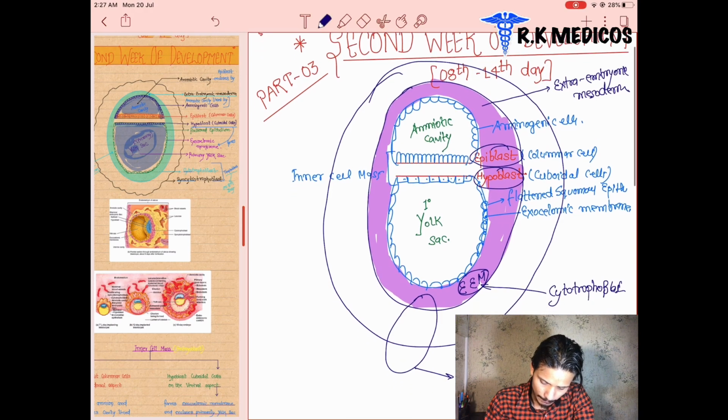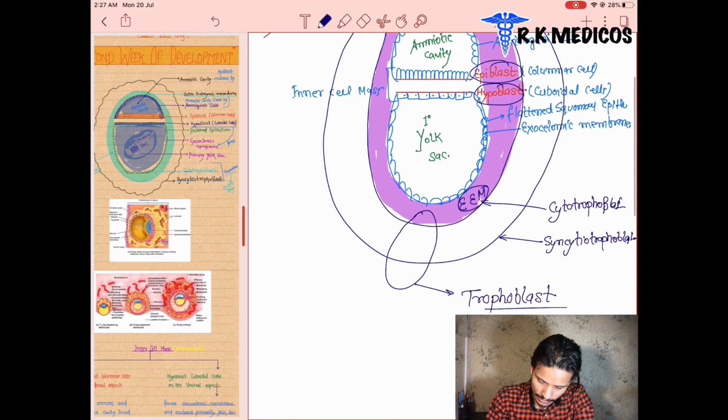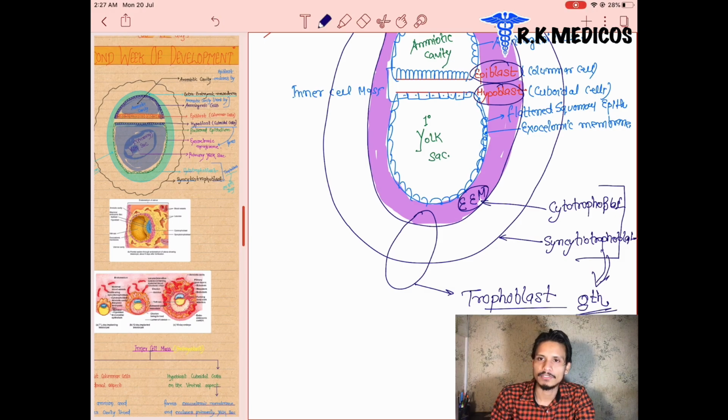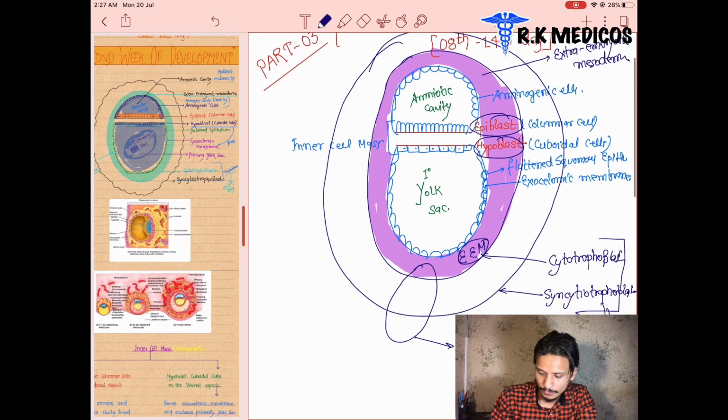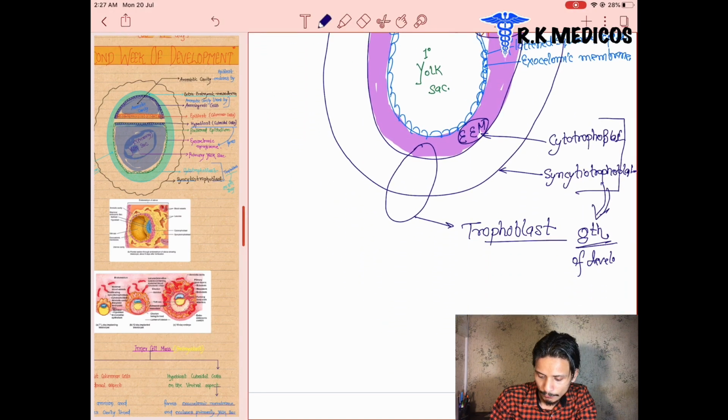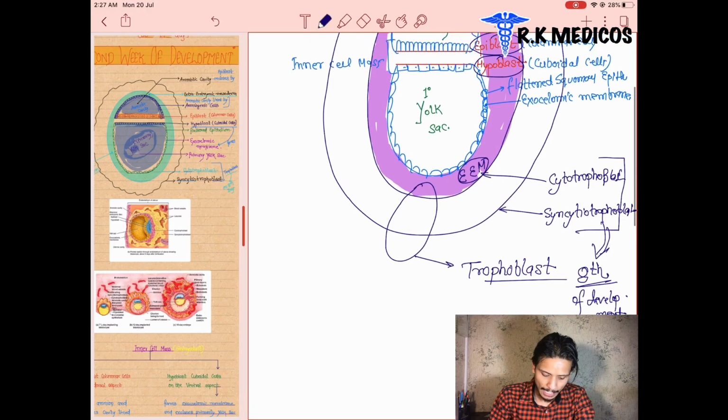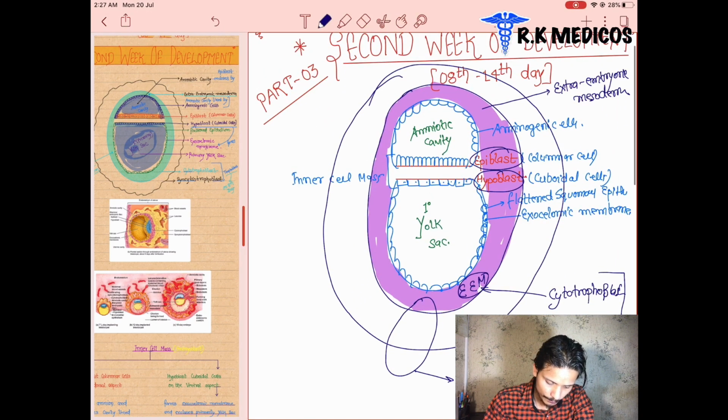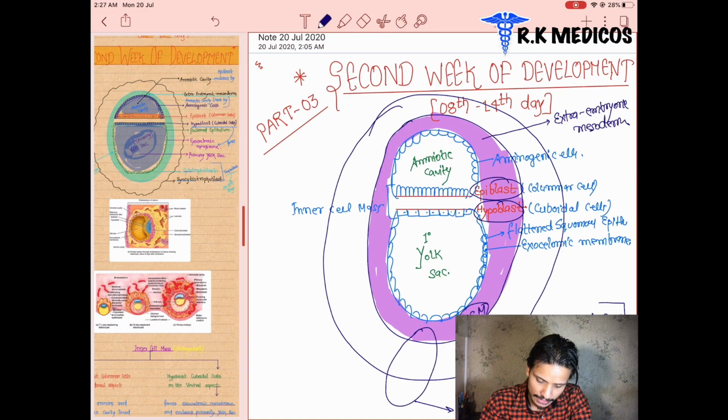Now, the syncytiotrophoblast and cytotrophoblast are formed on the 8th day of development of the human embryo.